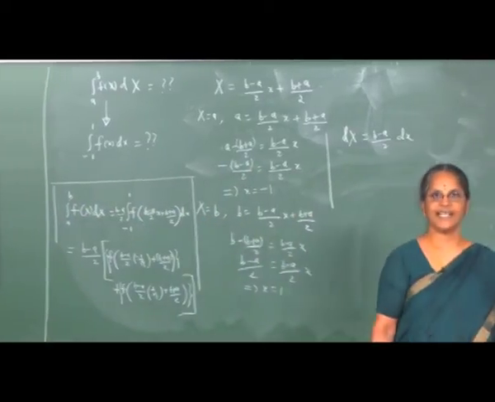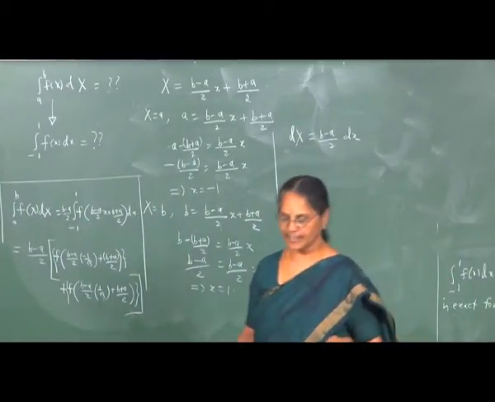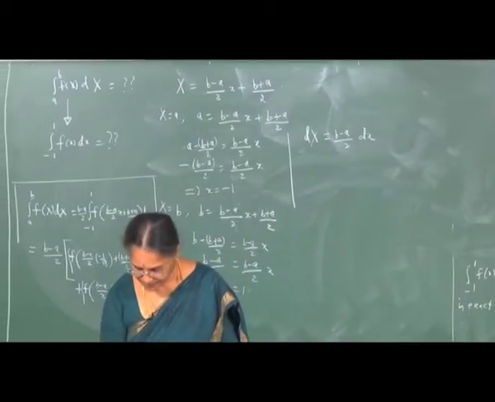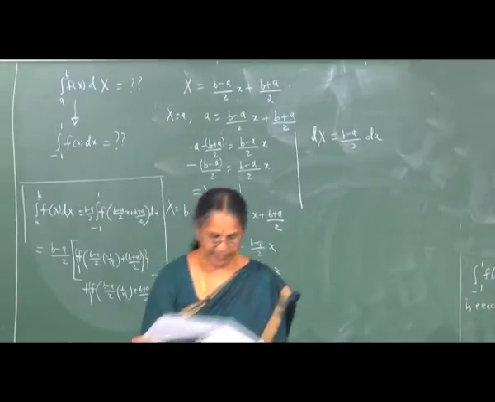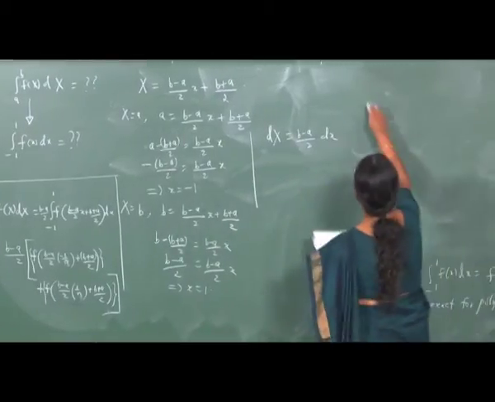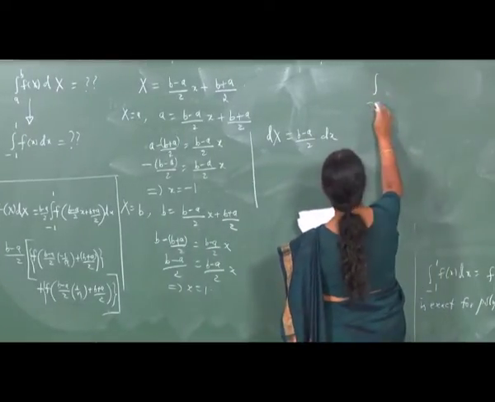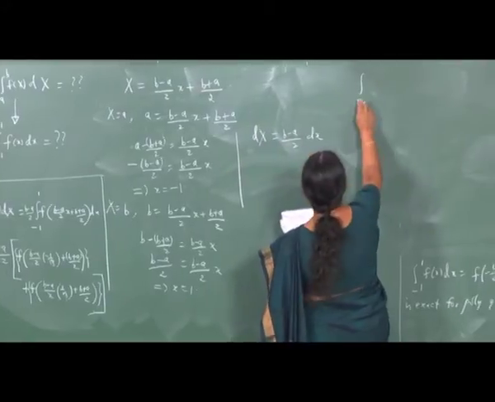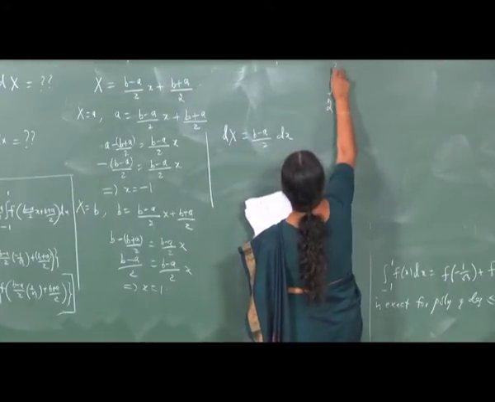So, let us take an example and illustrate this. Evaluate the integral from minus 1 to 1, or let us do it for a general integral of the form a to b.